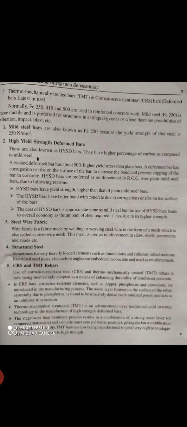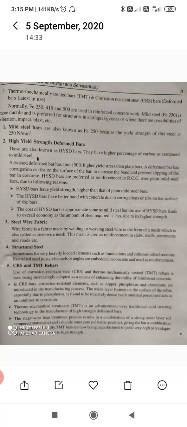And the third one is steel wire fabric. Wire fabric is a fabric made by welding or weaving steel wire in the form of a mesh, which is also called steel wire mesh. This mesh is usually used as reinforcement in slabs, shells, pavements and road construction. The fourth one is structural steel. That is very important.